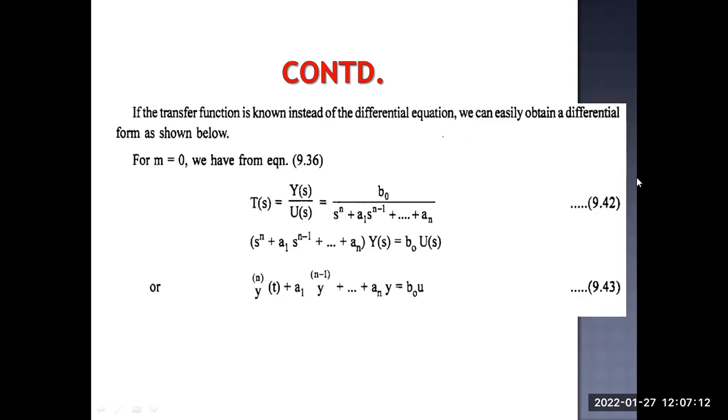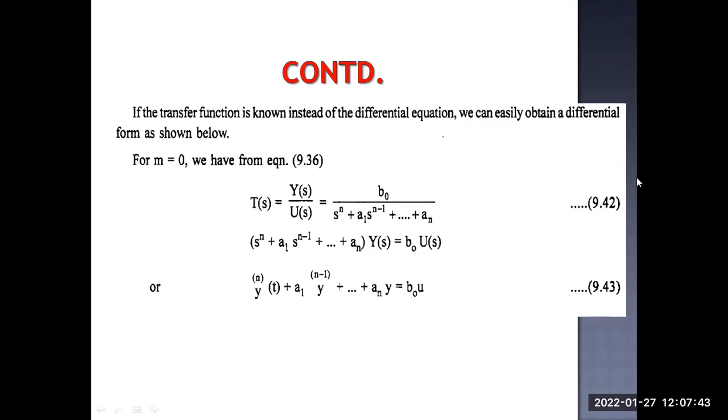Now, if the transfer function is known instead of the differential equation, we can easily obtain the differential form. The reverse is also possible. Sometimes a transfer function will be given to you, but you need to derive the differential equation form. So today we have discussed how to convert a differential equation into transfer function form.